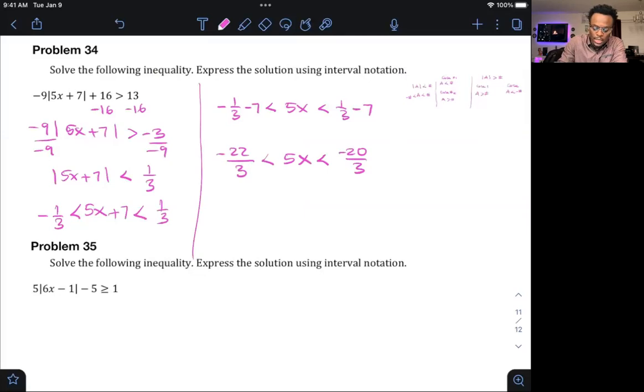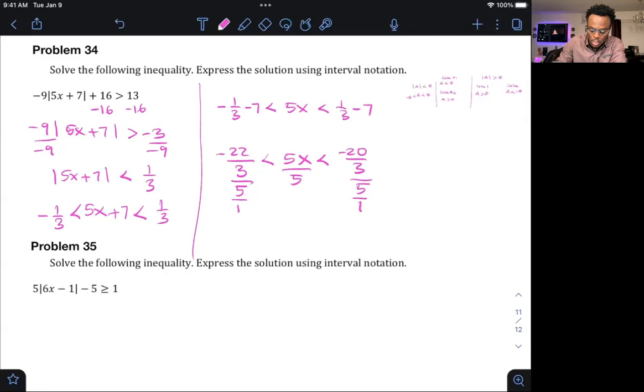And then let's divide everything by 5. When you divide a fraction by a number, you multiply by the reciprocal.